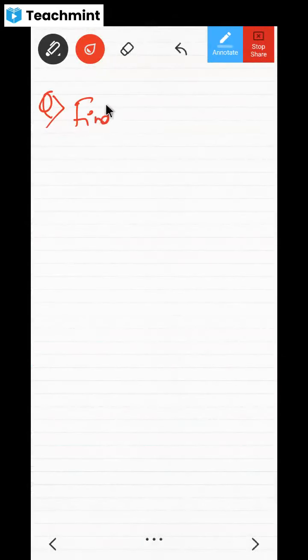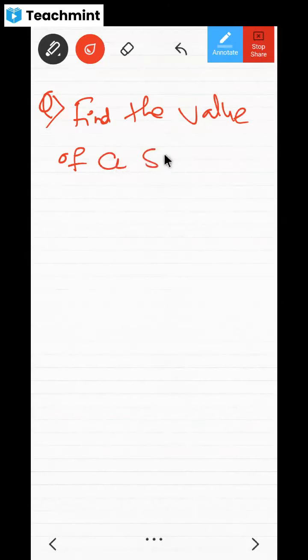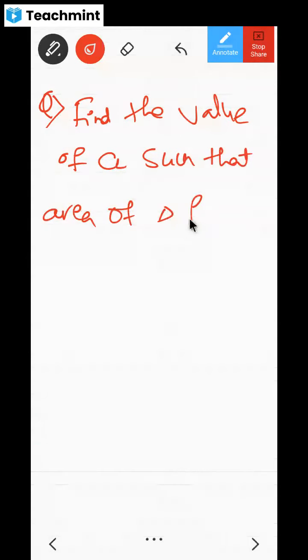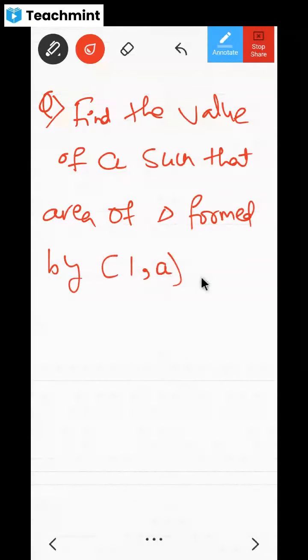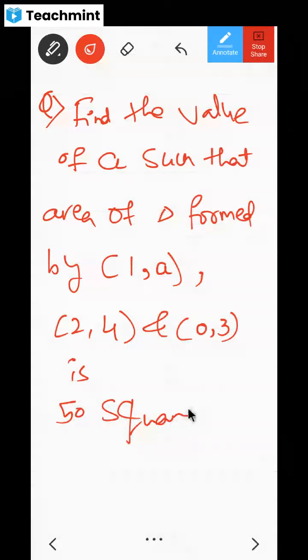Find the value of a such that the area of a triangle formed by 1 comma a, 2 comma 4 and 0 comma 3 is 50 square units.